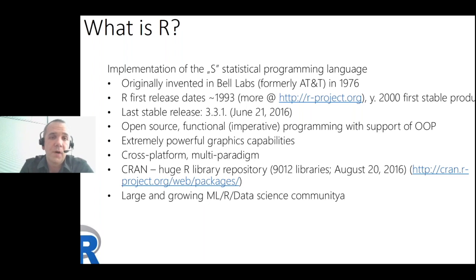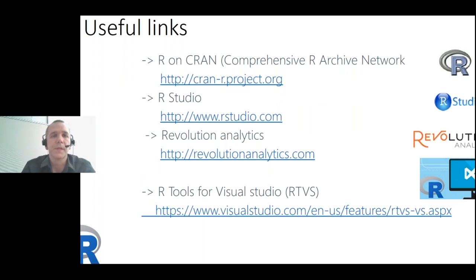It has extremely powerful graphical capabilities. It's cross-platform and multi-paradigm, and there are repositories like CRAN or GitHub with more than 9,000 libraries available. So if you have any kind of statistical problem, R is there to help you solve it.